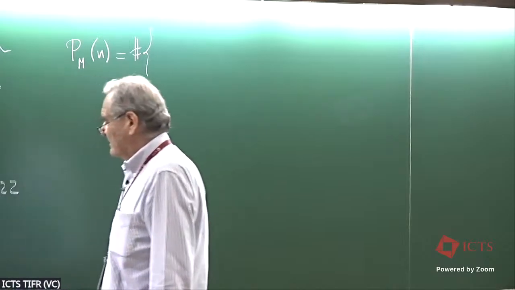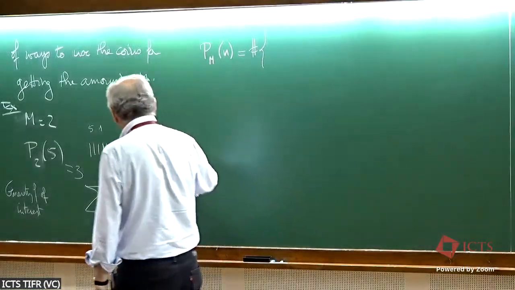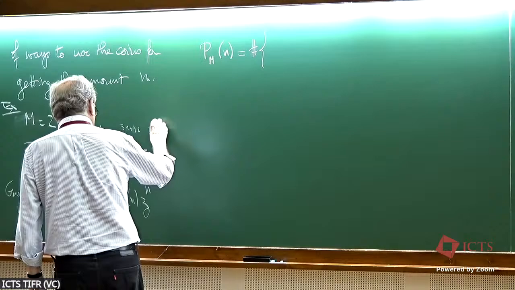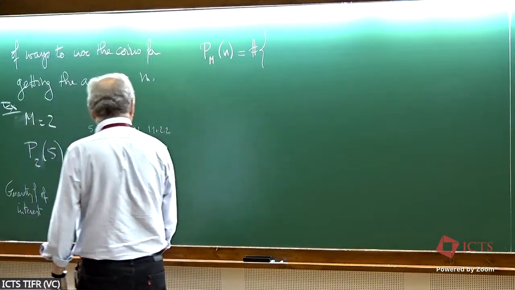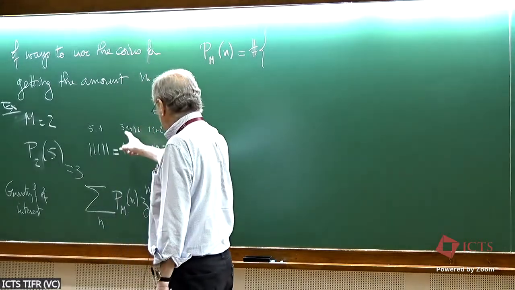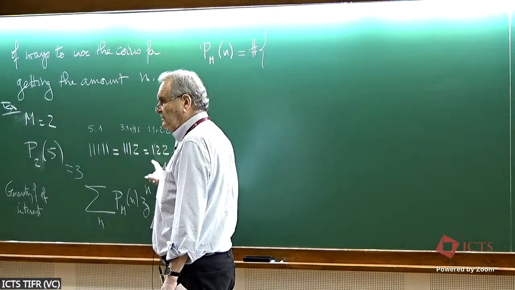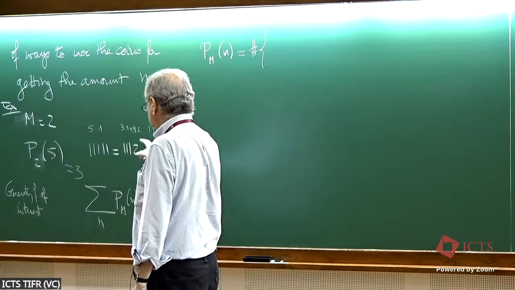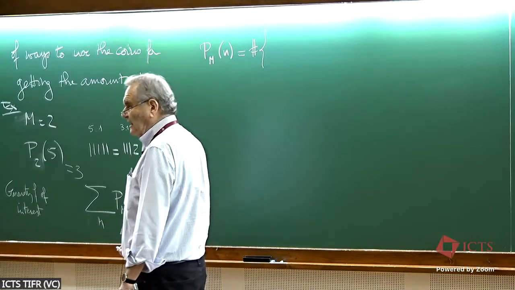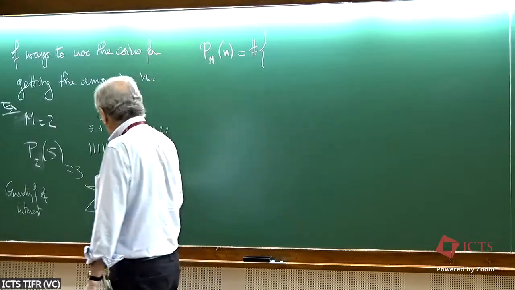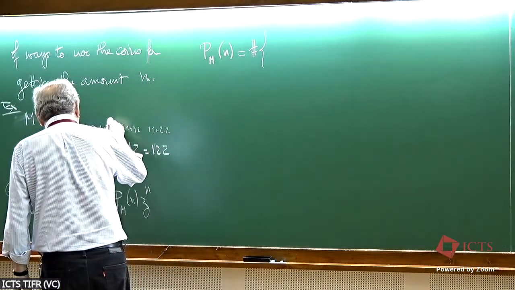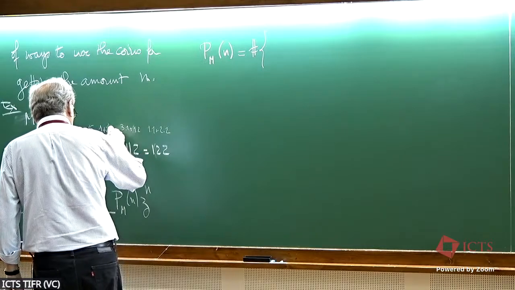This will be 1 times 1 plus 2 times 2. Each time the sum should be equal to 5. And if I have at my disposal 1 and 2, you can write plus 0 times 2.